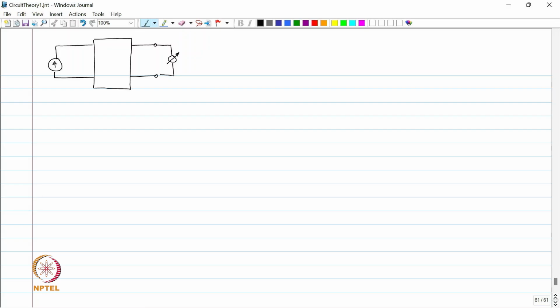Am I right? Ammeter, not voltmeter, and we are going to measure the voltage over here. This is experiment 1, and in experiment 2, what are you going to do?